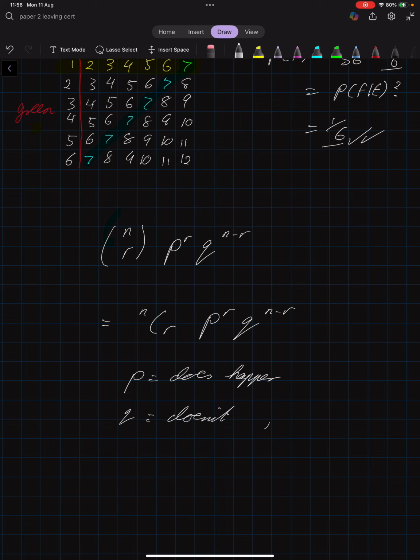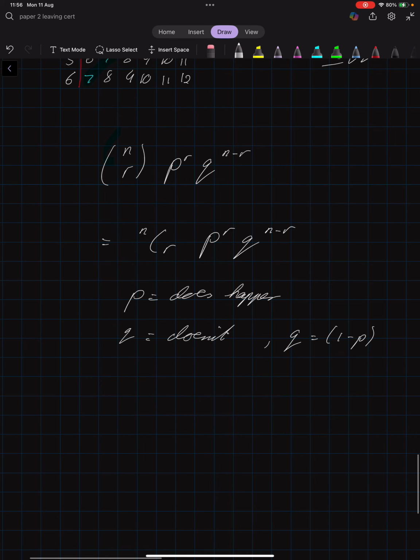Typically q is equal to 1 minus p. So if there's a 70% chance of it happening, there's a 30% chance of it not happening. How did you get 30? You did 100% minus 70. So that's what's going on here.